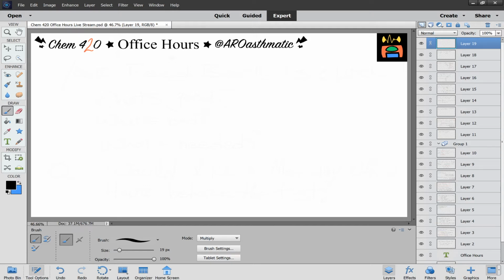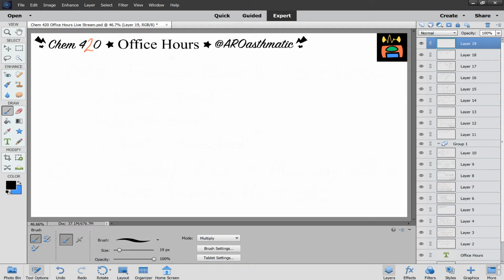Here's a synthesis problem that I wrote for a class. This was fall of 2016, first semester OChem, right where you guys are at. This was on an exam that I wrote.